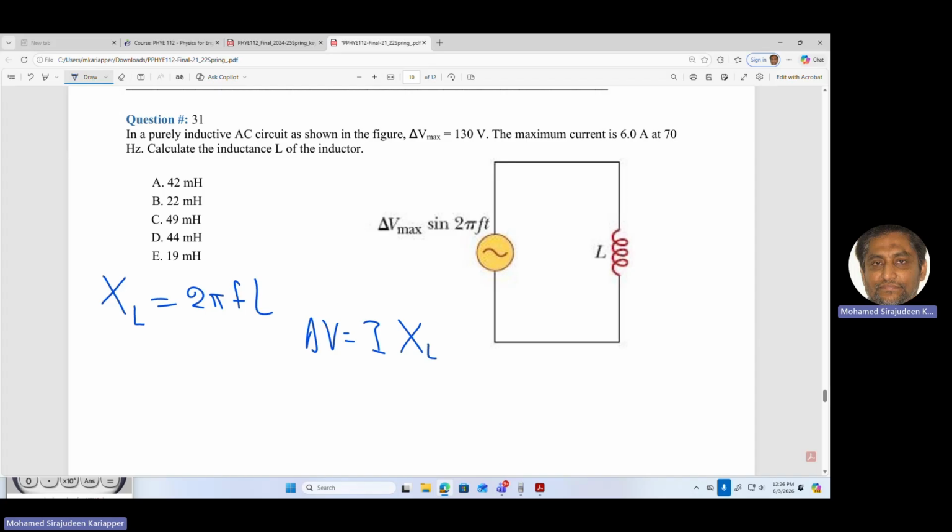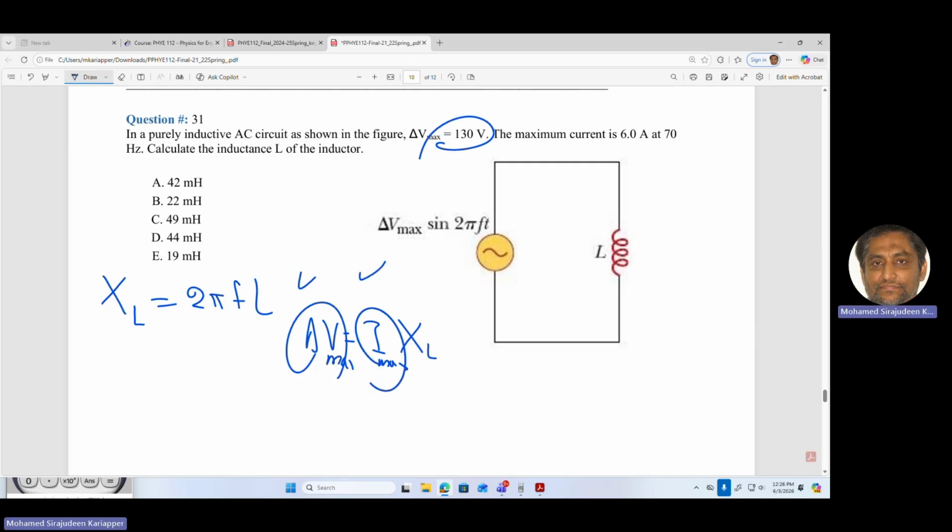impedance, in general. So the impedance now is only the reactance. The circuit has no resistance, no capacitance. So only the reactance of the inductor. So is this okay? What is given are maximum values, right? So delta V maximum is equal to I maximum times X L. This is given.